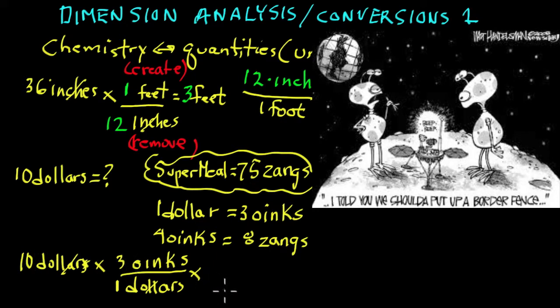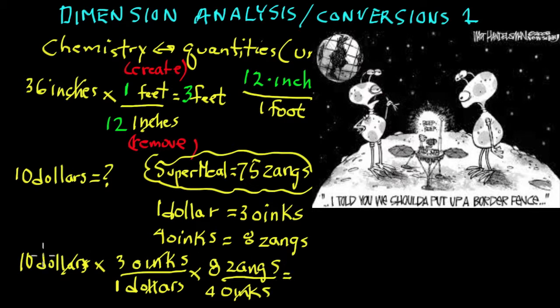But that doesn't help us. We need to go to zangs. So we're going to get rid of oinks. We put oinks down here in the denominator, and zangs in the numerator. We look at our conversion factor, 4 oinks and 8 zangs. So our units are in zangs.